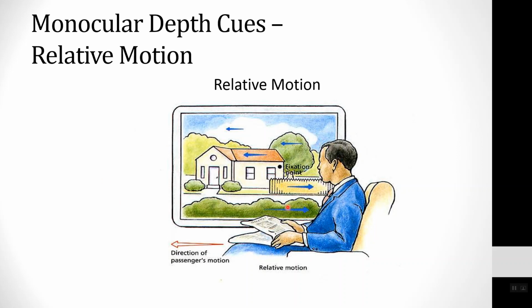Anything in front of the fixation point looks like it's going real fast and it's passing you. It's moving backwards, right? So this is helping us judge, this is telling us, basically, this is further away. So things further away from you move with you. Things closer to you are going to move past you, okay?